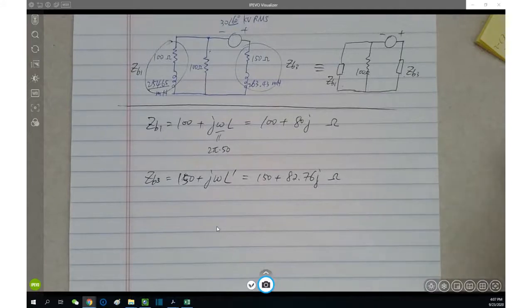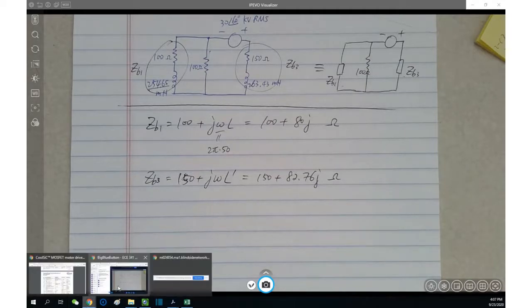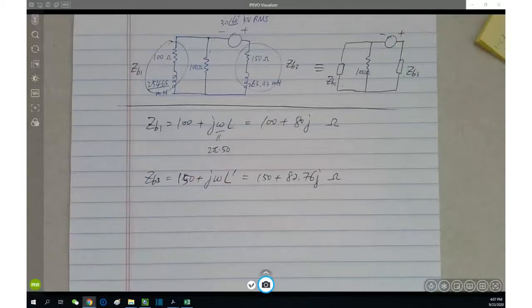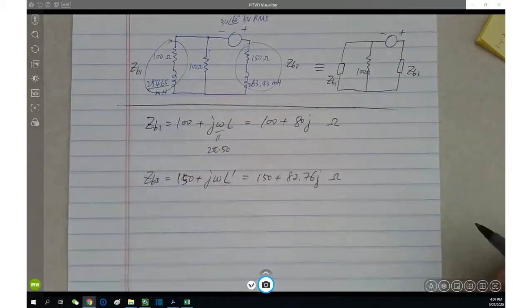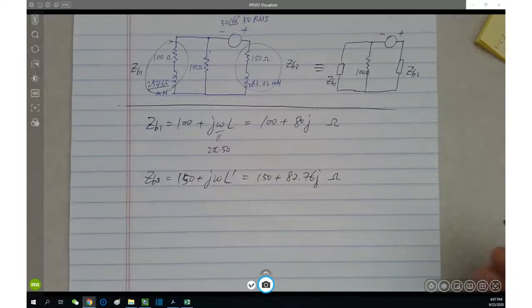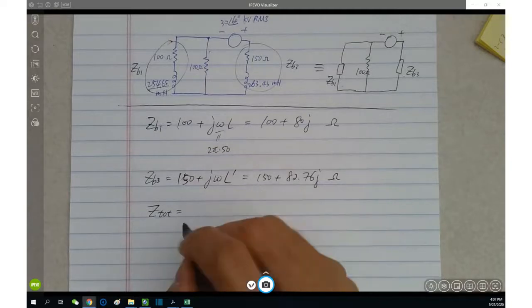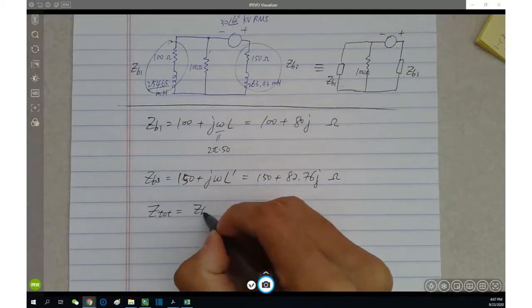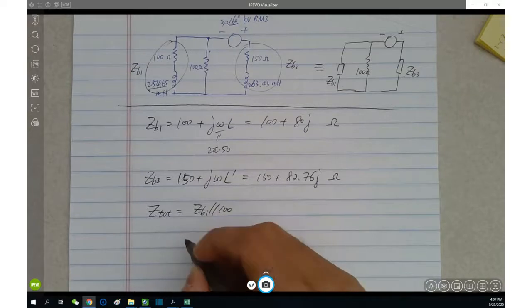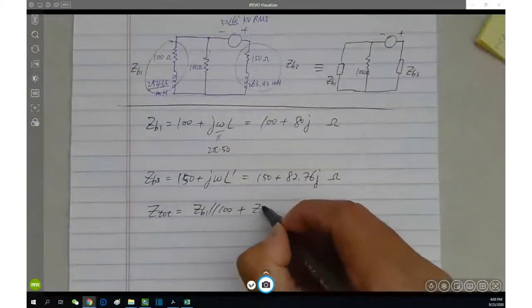The rest is actually fairly easy. The first question asks for the total impedance and apparent power. The total impedance, as we said, is ZB1 in parallel with 100, in series with ZB3.